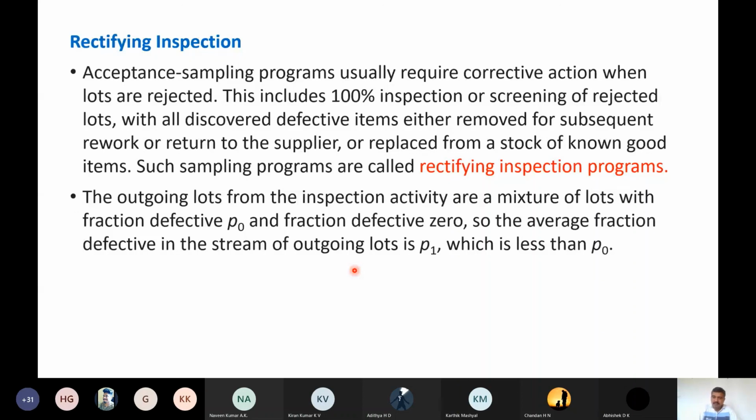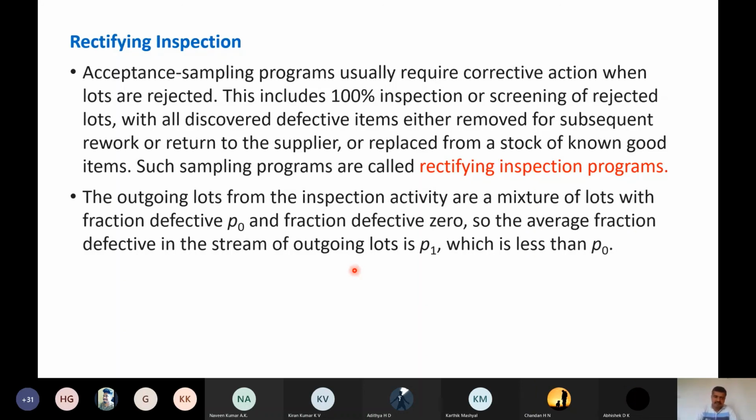Now when you are evaluating the fraction defective of these 100 lots, you should consider the fraction defective for 95 as that average value. For the remaining 5, it is 0 because you have eliminated those defects. Then if you are evaluating outgoing fraction defective, you add these two values and divide by 2, which will give you an average.